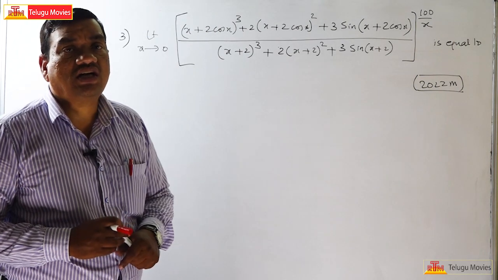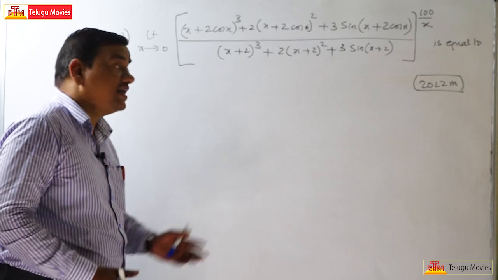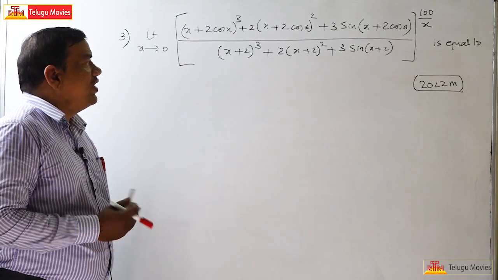The first thing generally anyone will do is, as x approaches 0, substitute 0 wherever x is there.